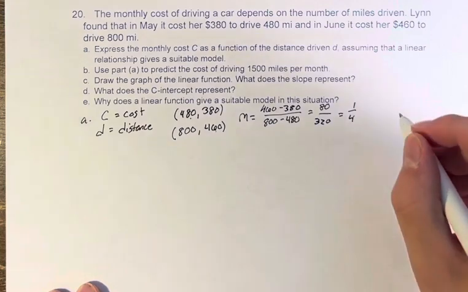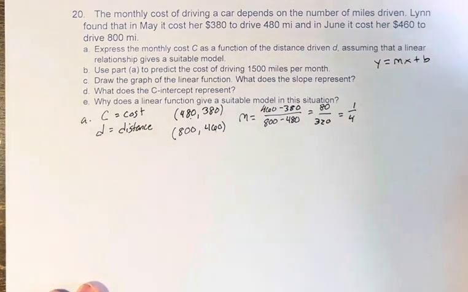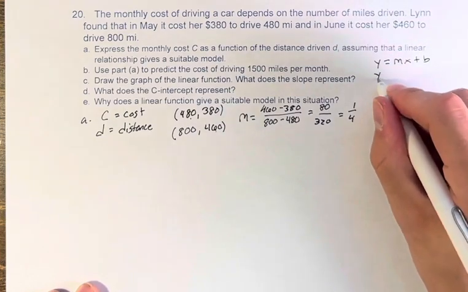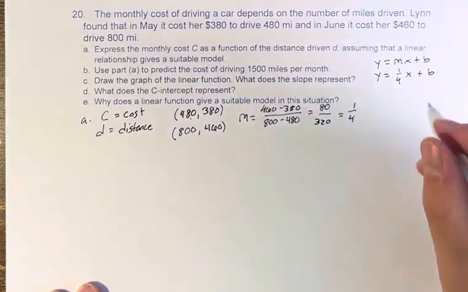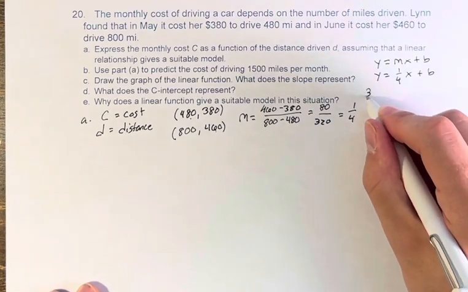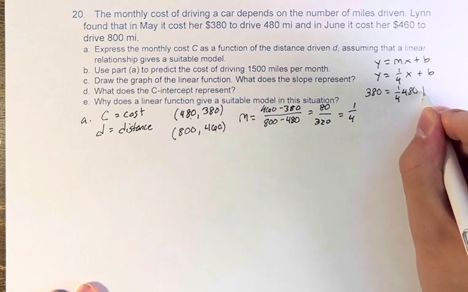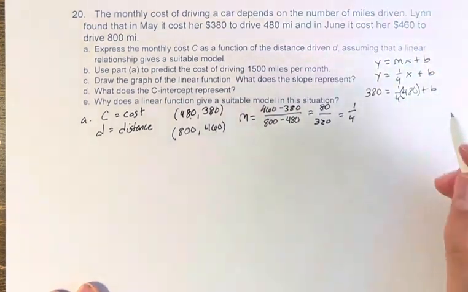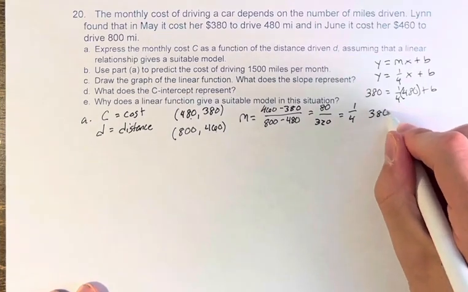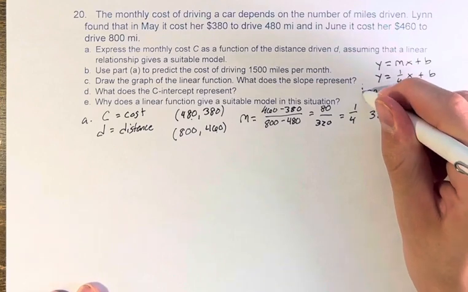We can use this to find the y-intercept. The equation of a line is y equals mx plus b. Our slope is 1/4, so y equals 1/4 x plus b. 380 is our y value, is equal to 1/4 times 480 plus b. I should have used C and D here, but it's okay. 380 equals 1/4 of 480, which is 120, plus b.